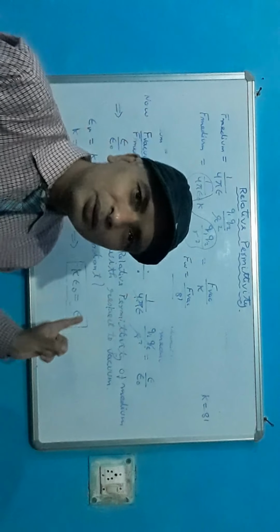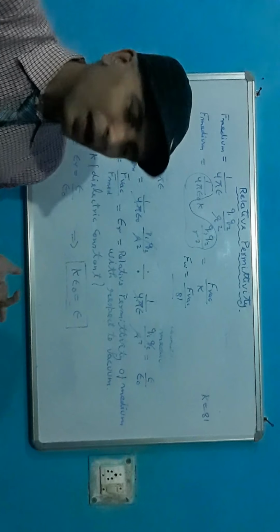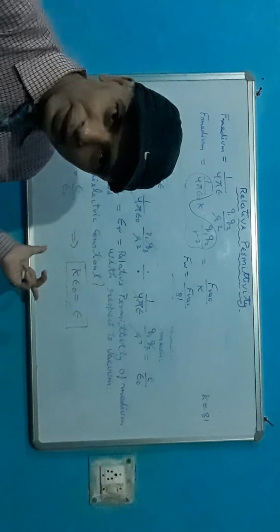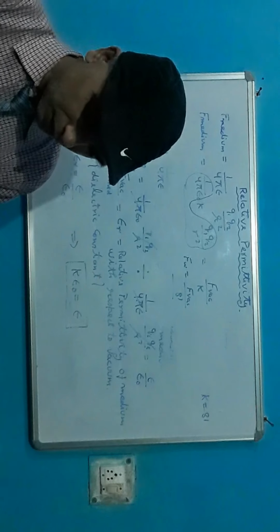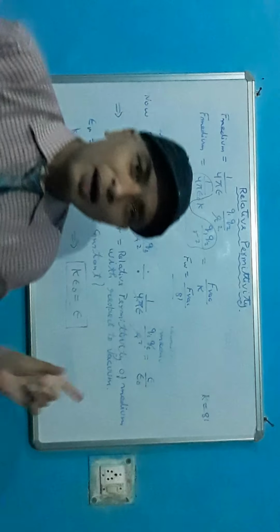So that is the utility, or the use, of this particular formula, which can be applied to solve numericals which may be asked in objective form or in conceptual form. Once again I am going to revise what we have learned today.